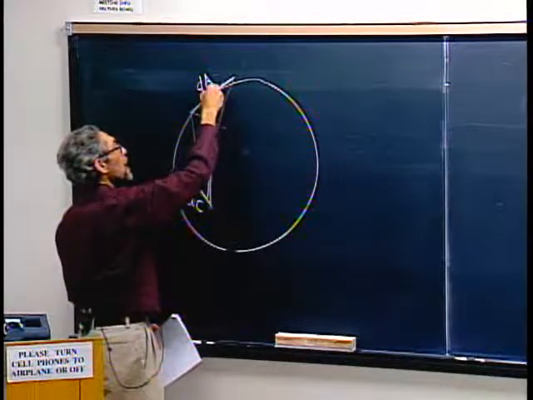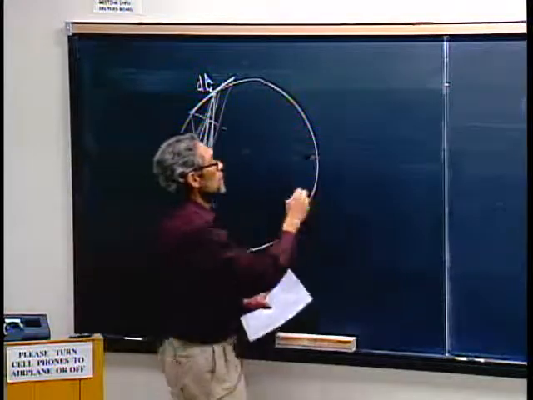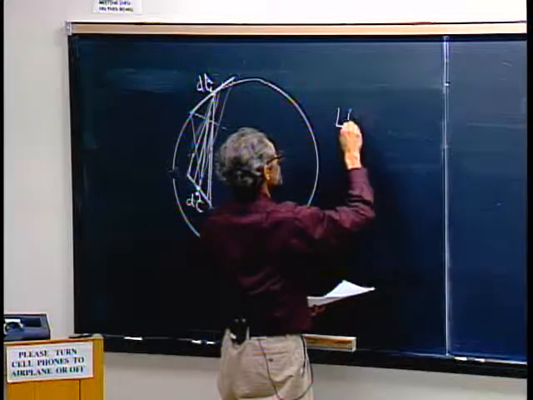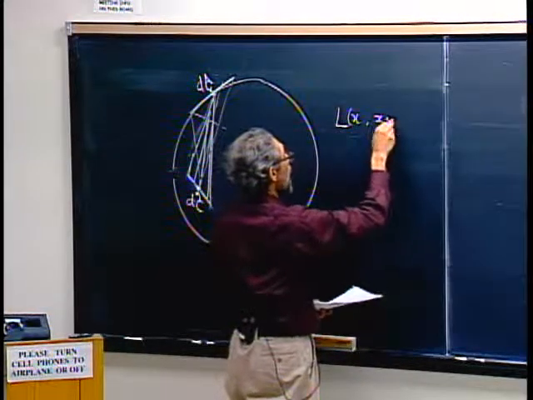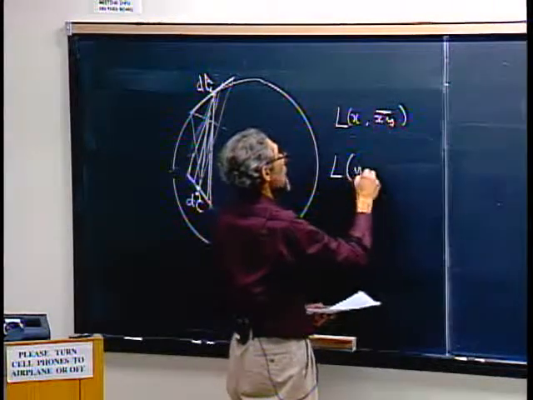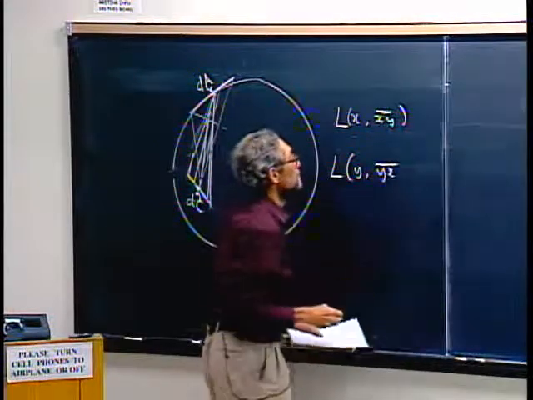So if here's a point X and here's a point Y, the claim is that the line radiance measured from X in the direction from X to Y is the same as the line radiance at Y measured in the direction from Y to X.